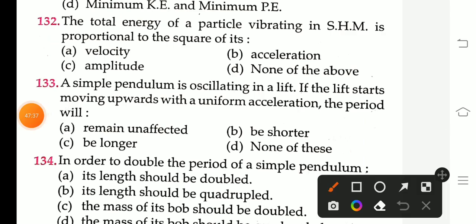The total energy of a particle vibrating in SHM is proportional to the square of its amplitude. A simple pendulum is oscillating in a lift. If the lift starts moving upwards with a uniform acceleration, the period will be shorter.